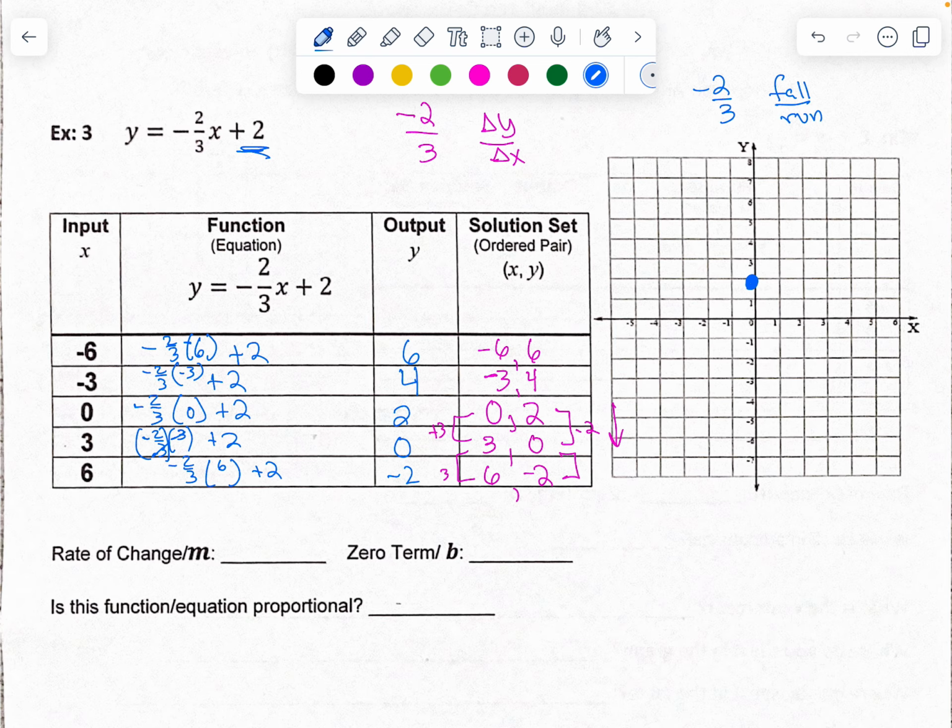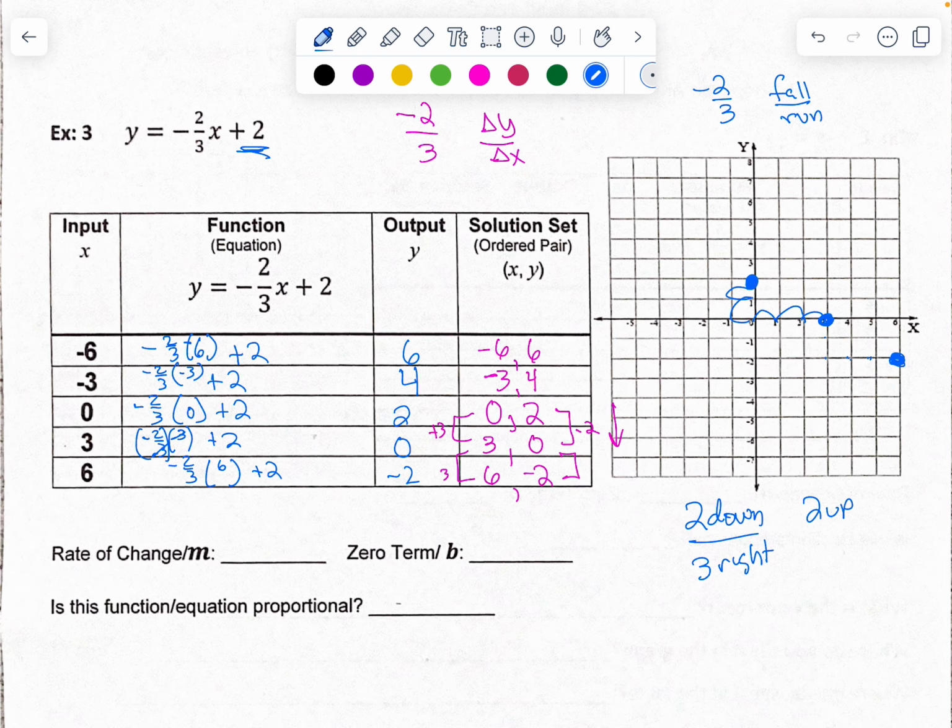So I'm going to go down 2, 1, 2, and then run 1, 2, 3, and put a dot. And then I'm going to go down 2, 1, 2, 3, and put a dot.